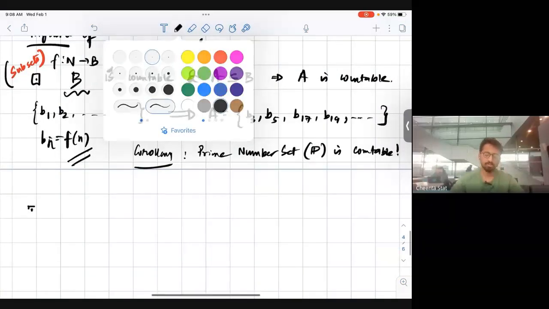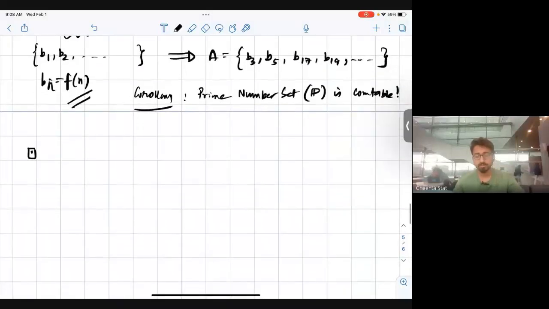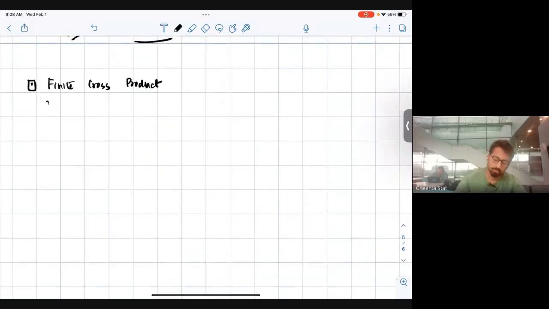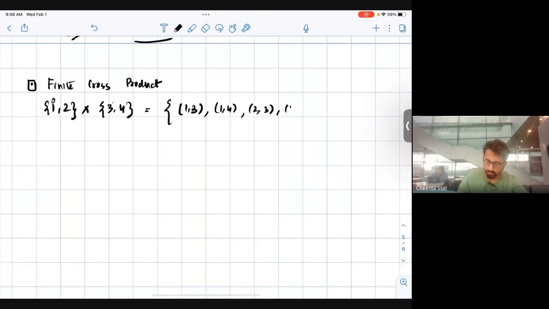Okay, the next property is very interesting. It's called the finite cross product. I hope all of you know the cross product of two sets, right? If not, I will give an example. Let's say the cross product of {1, 2} with {3, 4}: you take element 1 here and every element here, so you get the pairs (1, 3), (1, 4), and so on.